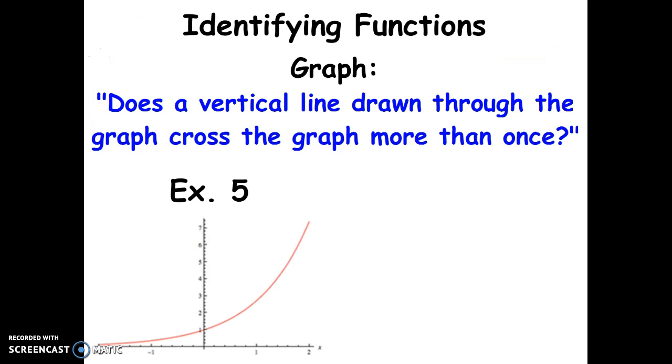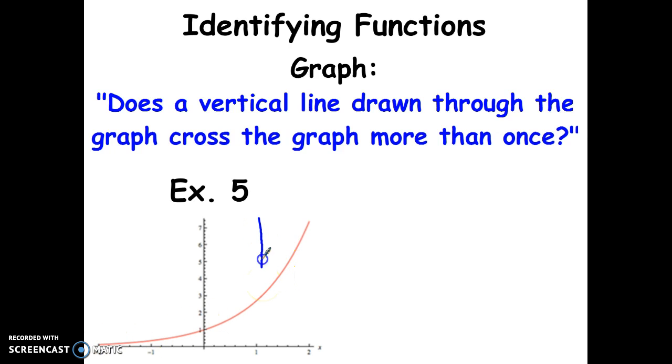So let's take a look at example 5. So if we draw a vertical line through this graph, and by graph, we do not mean the coordinate plane. What we mean by graph is the actual line drawn within the coordinate plane. So this is considered the graph.